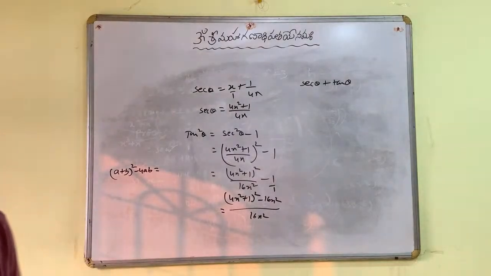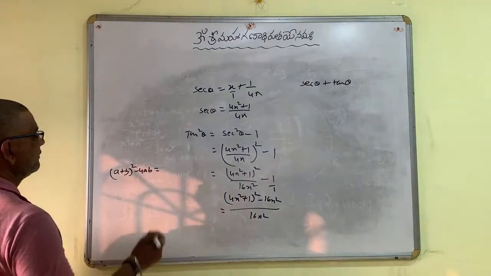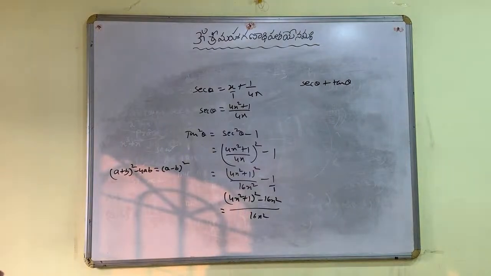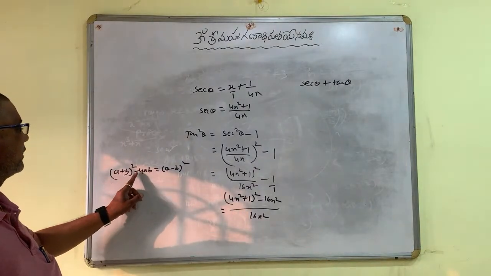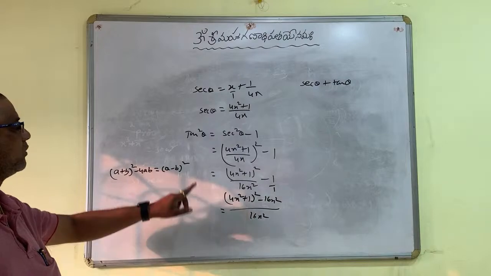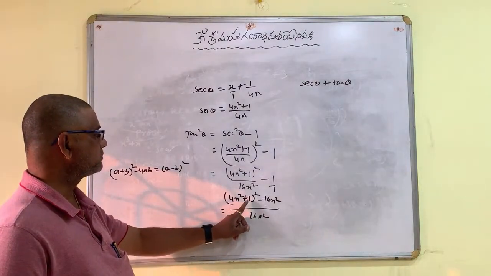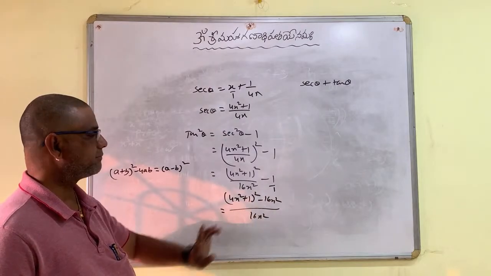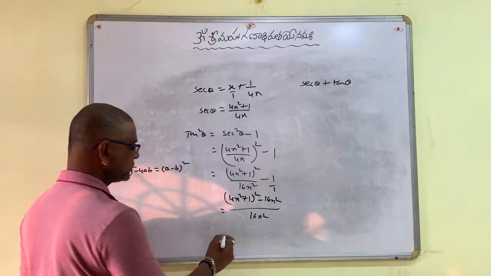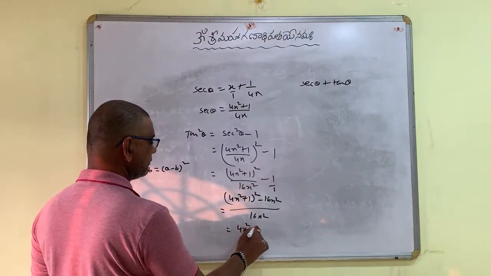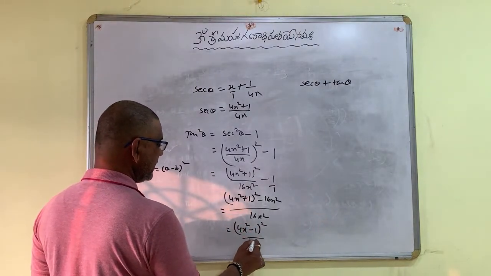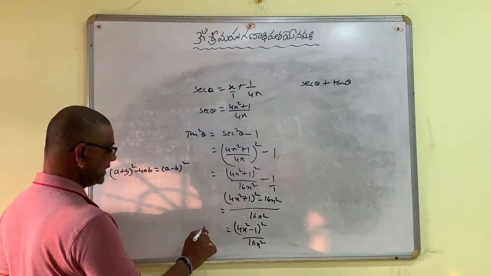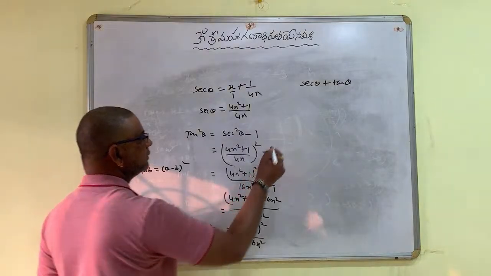A plus b whole square minus 4ab is nothing but a minus b whole square. That means 4x square minus 1 whole square by 16x square. This is tan square theta.